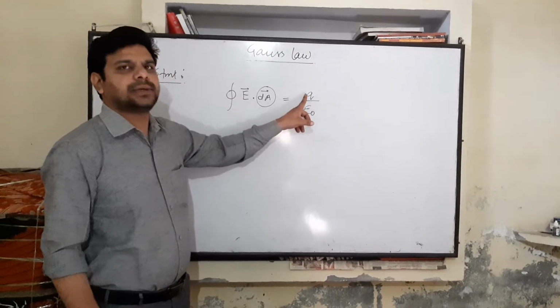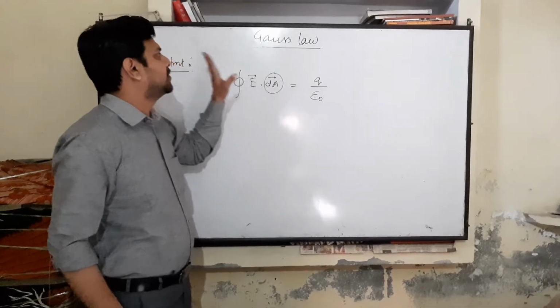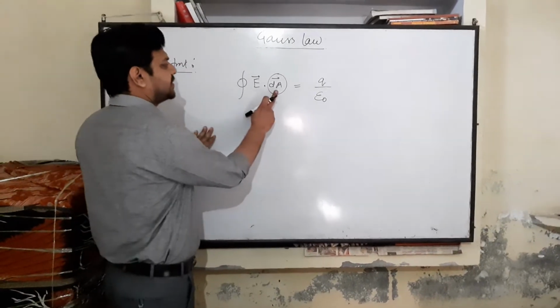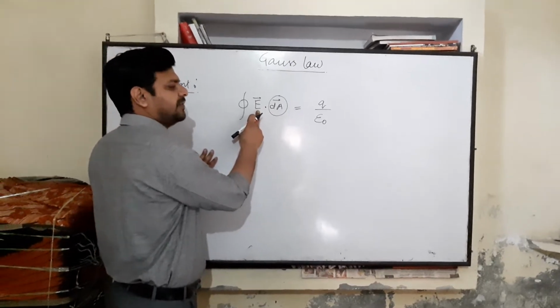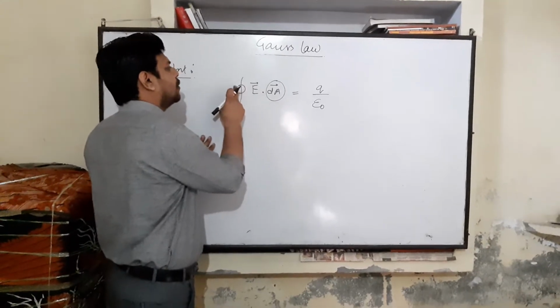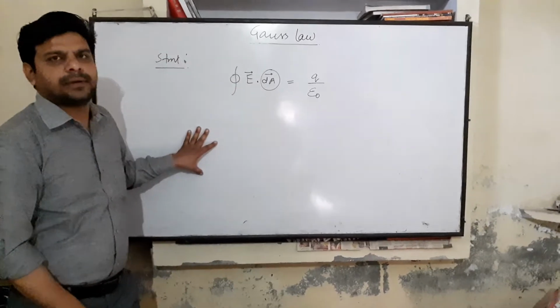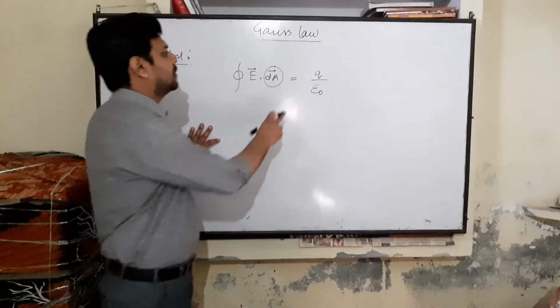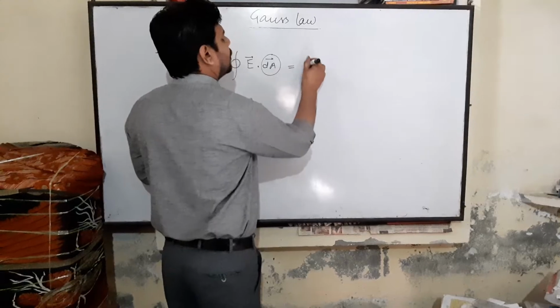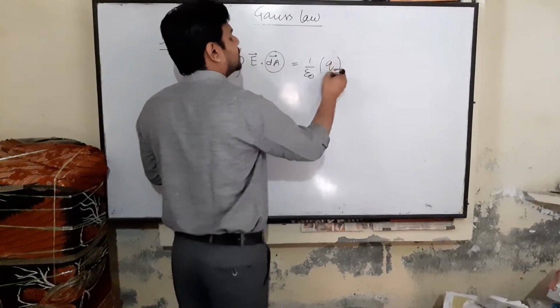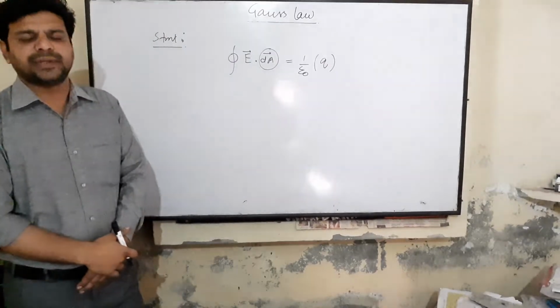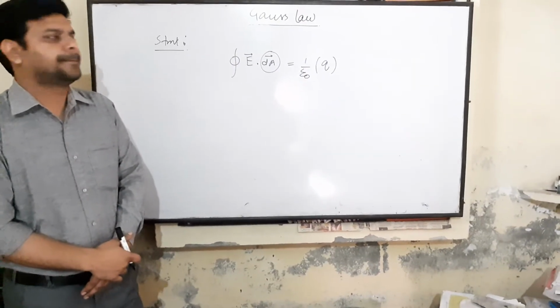This is charge and epsilon naught. Then the statement will be: the surface integration of electric field over a closed Gaussian surface is equal to 1 over epsilon naught times the charge enclosed in that closed surface.